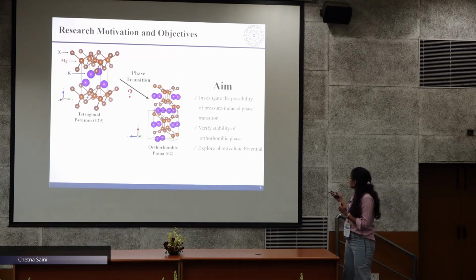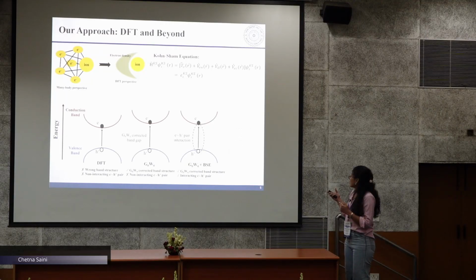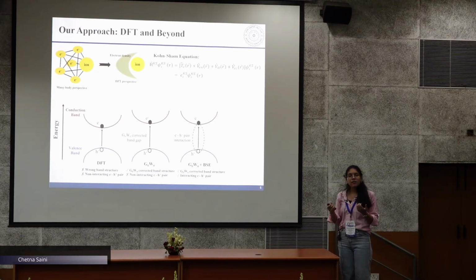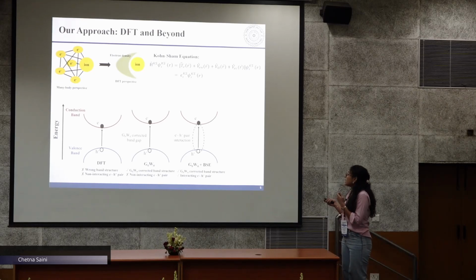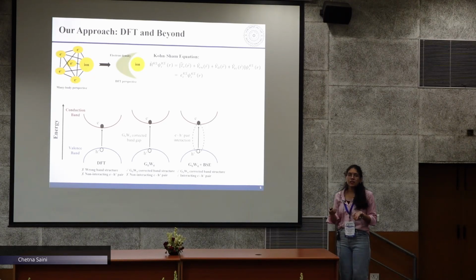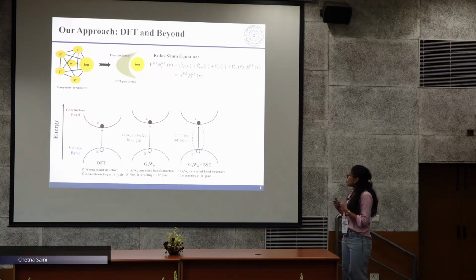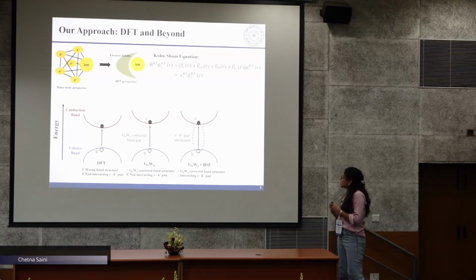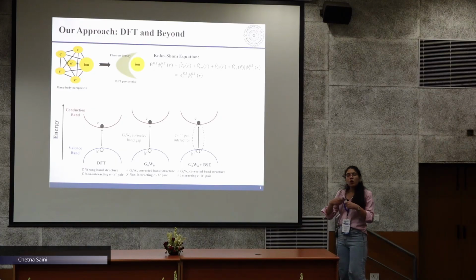Although the standard DFT gives excellent results for the ground state property, it underestimates the electron hole pair interaction and does not give the correct band structure. Now, to obtain the accurate excited state property, we go beyond DFT.